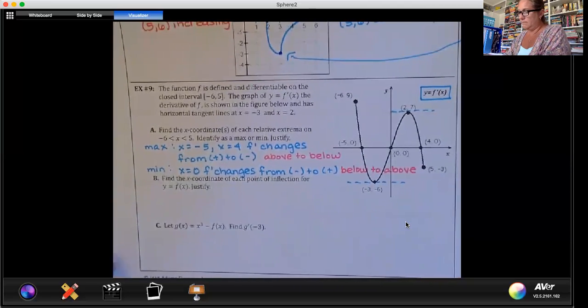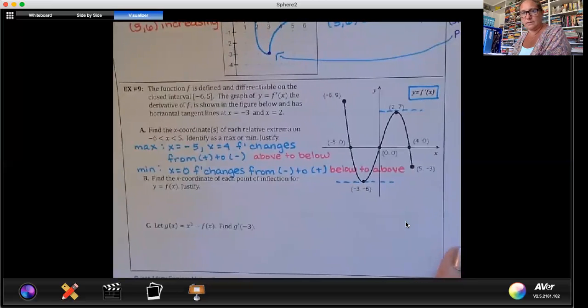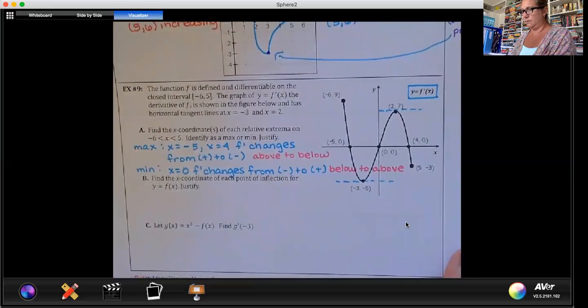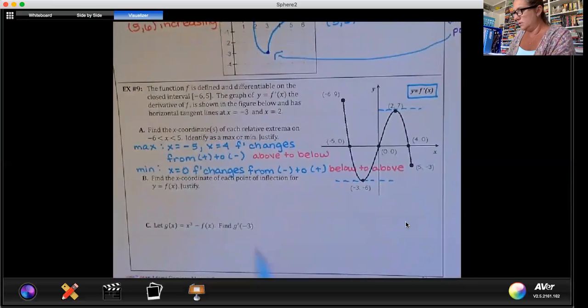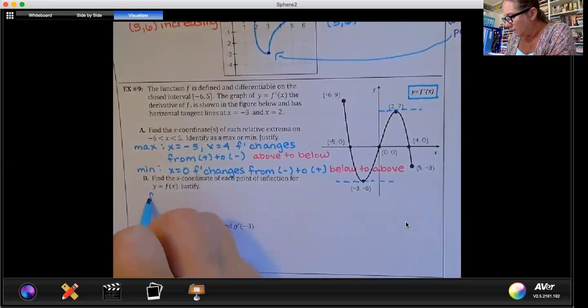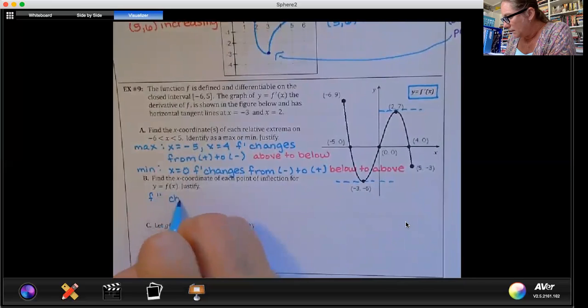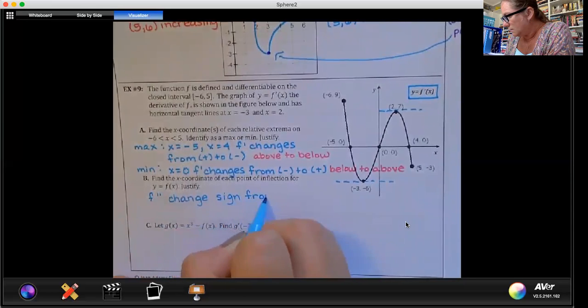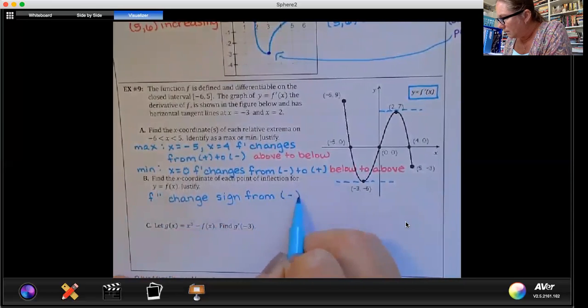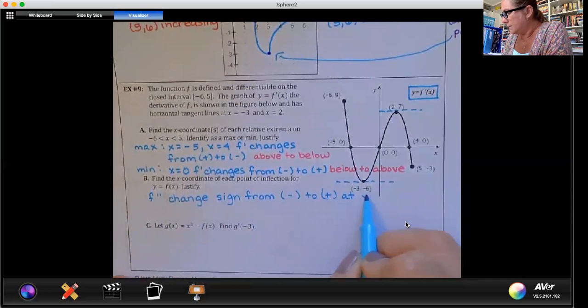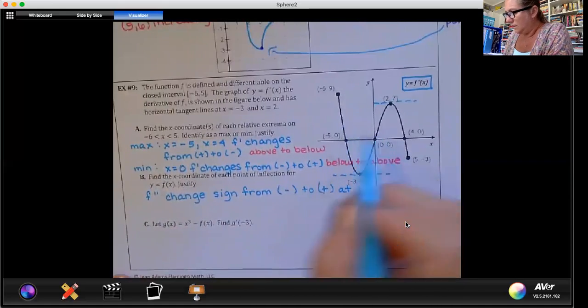Find the x-coordinate of each point of inflection for y equals f of x. Point of inflection. So we're looking again for a sign change, but this time we're looking for f double prime, and it would change sign from negative to positive at x equals -3, decrease to increase.